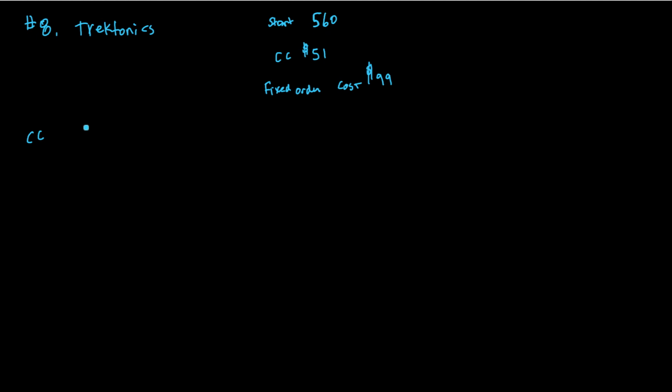So we're going to take our inventory, 560 divided by 2, times our carrying costs of $51. We end up with $14,280. So that's your answer for part A.